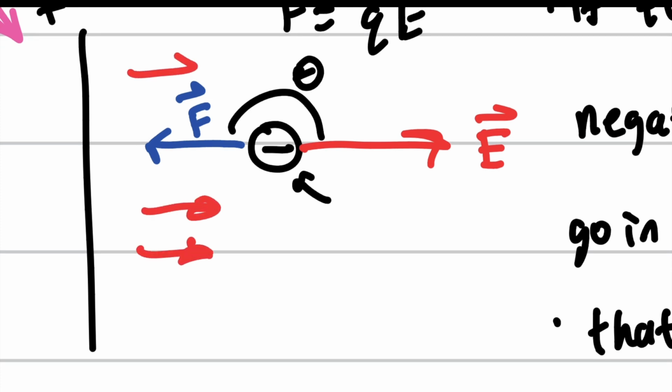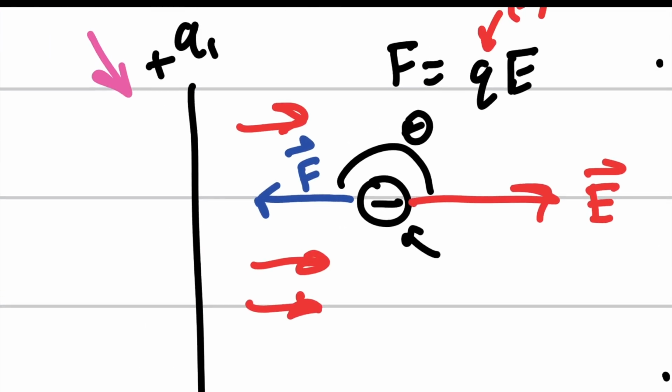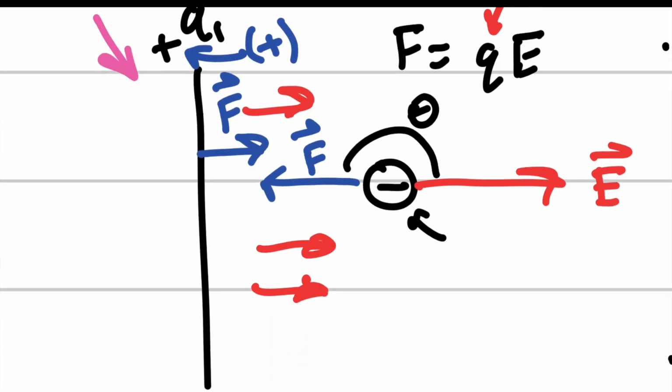It's going towards this negative particle, right? And how is the force going on this guy? It's going to be in the same direction. Why? Because the Q is positive, right? So hopefully that makes sense.